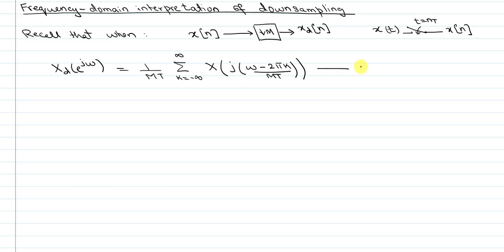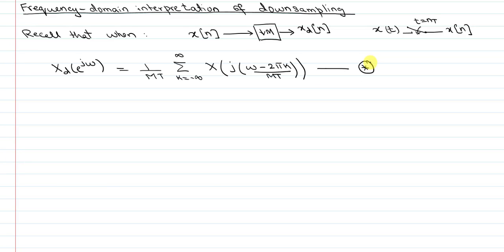So this is what we understand. The question is, do we always have to go back to the Fourier transform of our continuous signal for finding the DTFT of our downsampled signal?